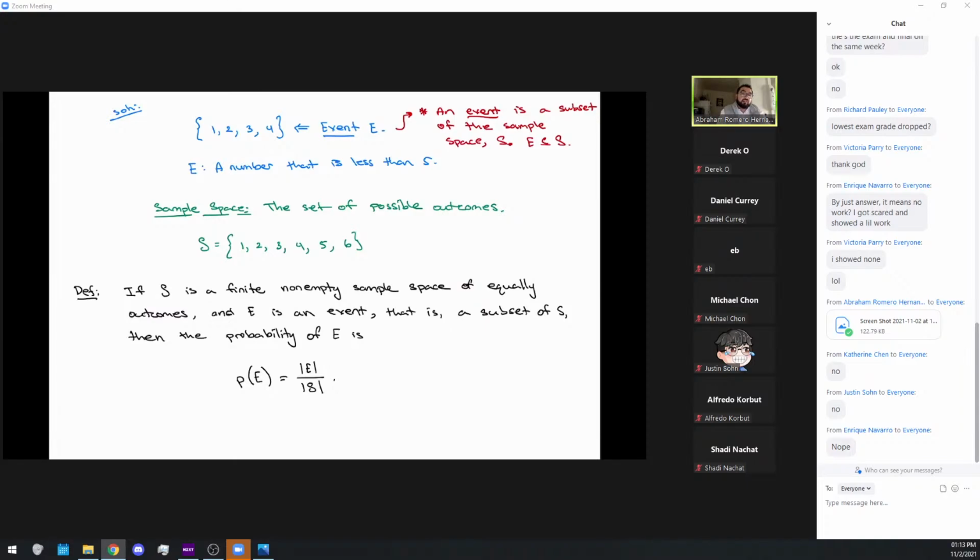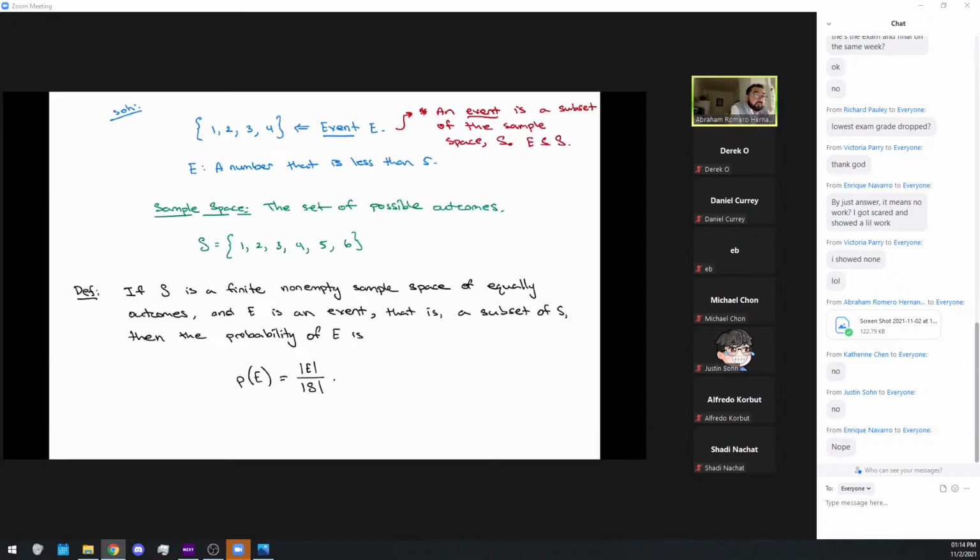It is the cardinality of the event, the set of the event, divided by the cardinality of the set S. Any questions on that? And again, some of this may look familiar to some of you, not all of you, but maybe to some of you, it looks very, very familiar. But that is what a probability is. It is the cardinality of the event divided by the cardinality of the sample space. Okay.